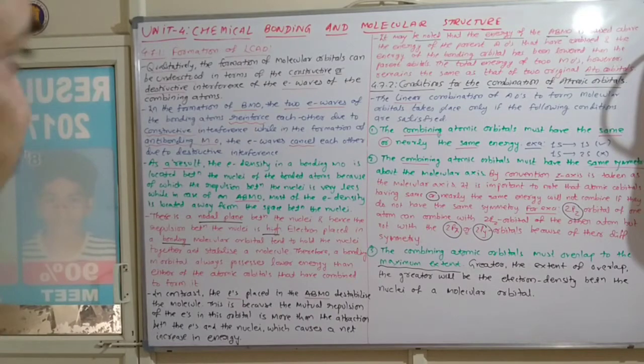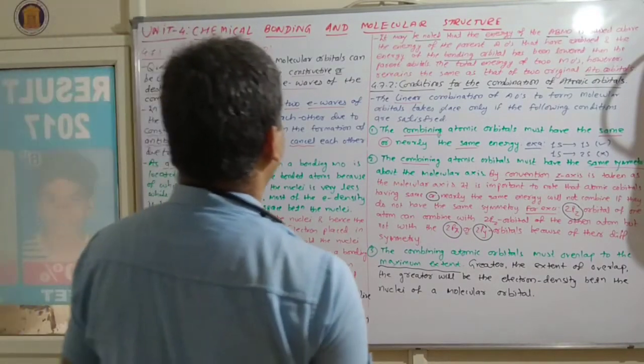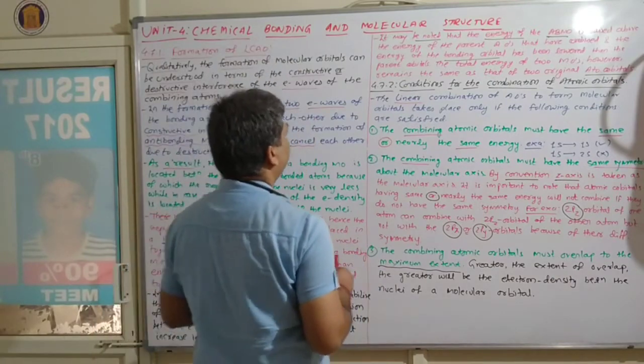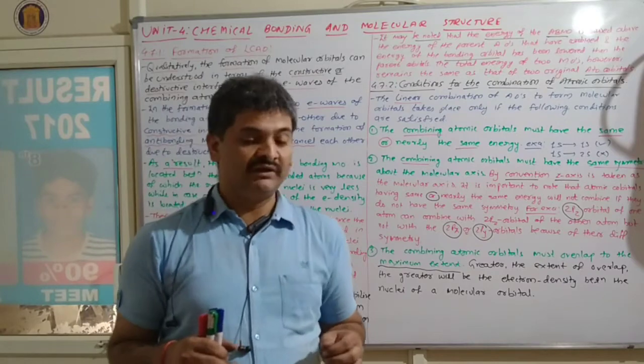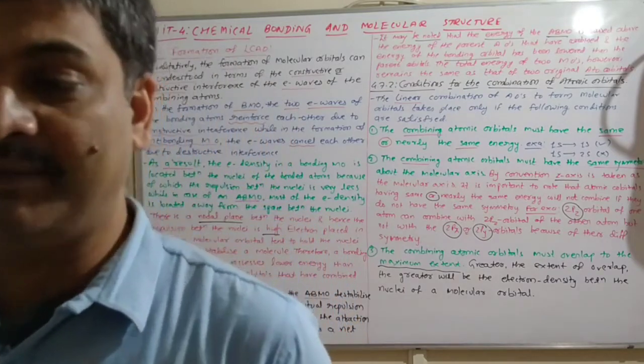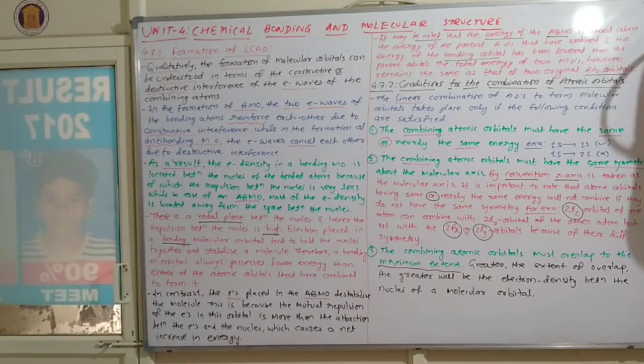In this way, during combination of atomic orbitals, three important conditions are: first of all, energy should be the same. Second one, symmetry should be the same. Energy should be the same, symmetry should be the same, and overlapping should be maximum. ये देख, दो नंबर में आएगा, है ना? Conditions for the combination of atomic orbitals.